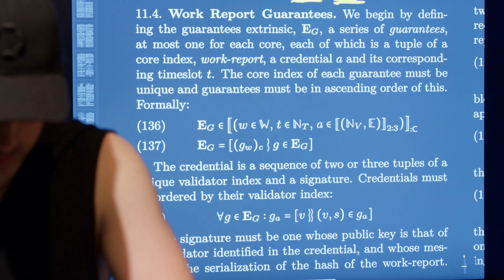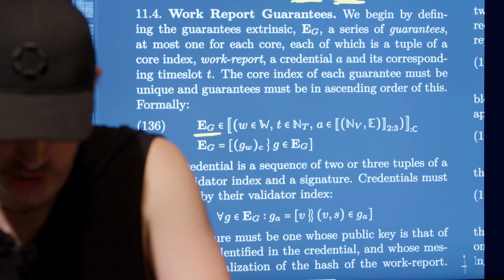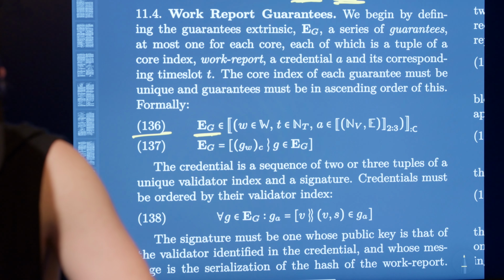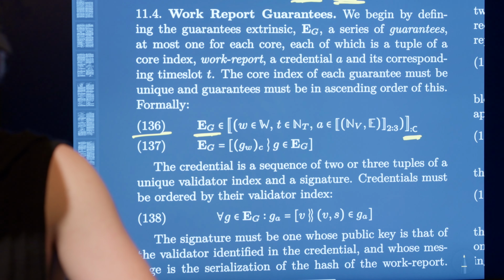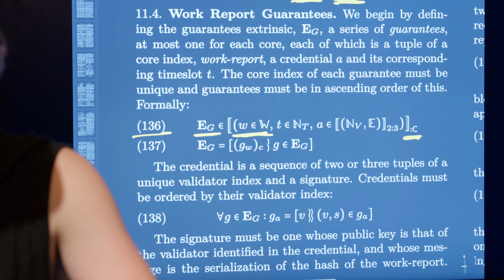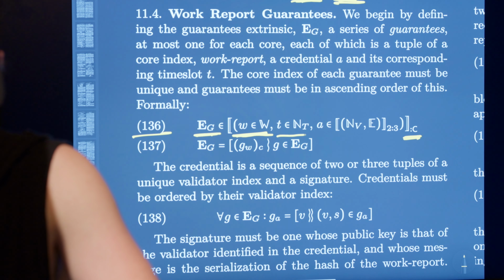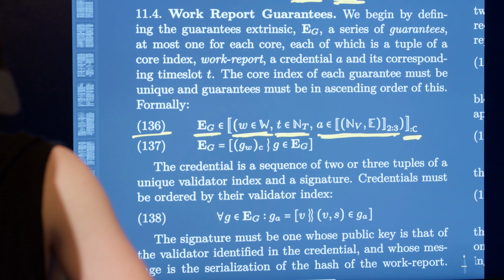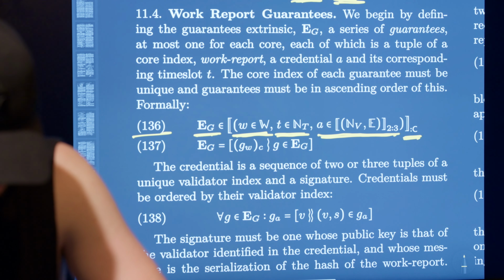Work report guarantees. The guarantees extrinsic, equation 136. It's a sequence of up to C, the number of cores, items. Each item has a work report, a time, and some, well, not assurances, what did I call it?